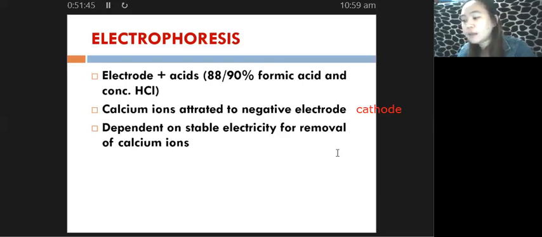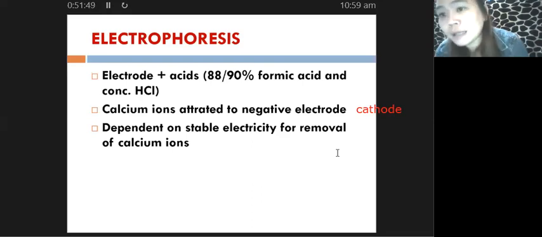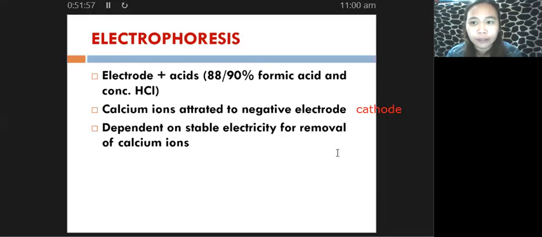I repeat, you have to maintain the temperature at 30 to 45 degrees Celsius only. Otherwise, an increase in temperature will compound the detrimental effects of your acids. Those are the different methods that we utilize for the decalcification process.